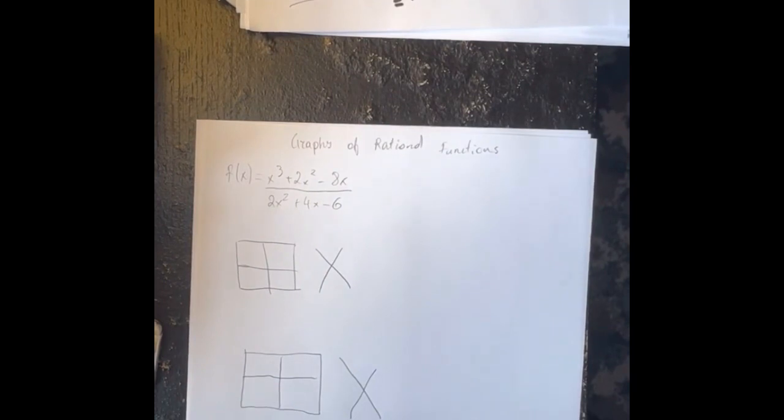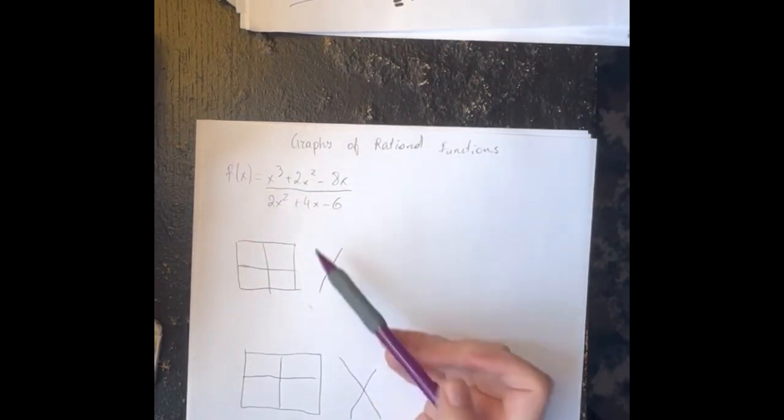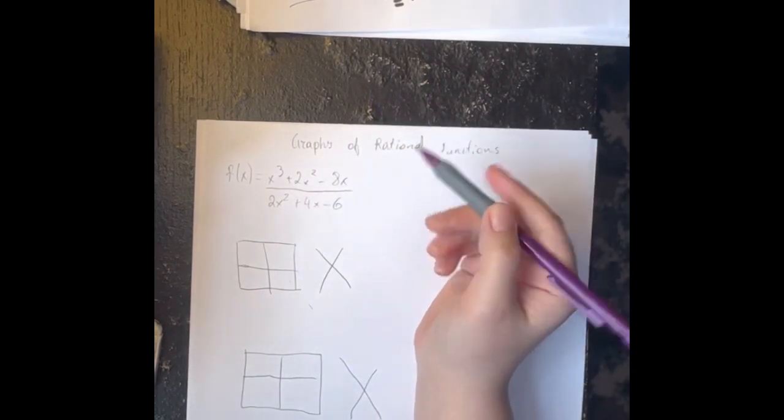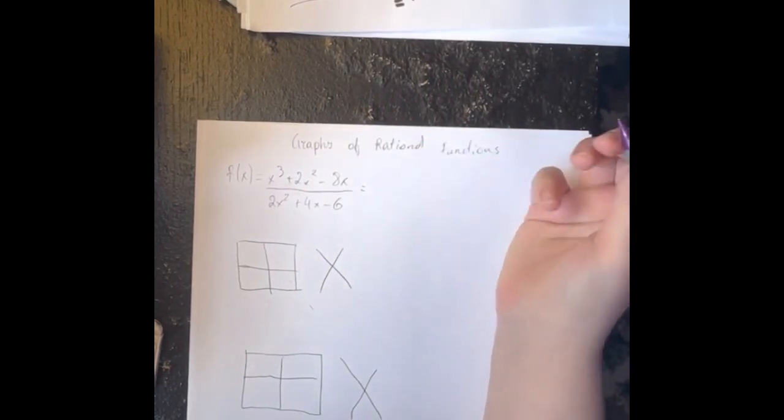Graphs of rational functions. This is the example we will work with. And before I start, I want to say that you cannot have a cube when you are doing the box method, because you need to factor both of these, the top and the bottom. Now we can factor.